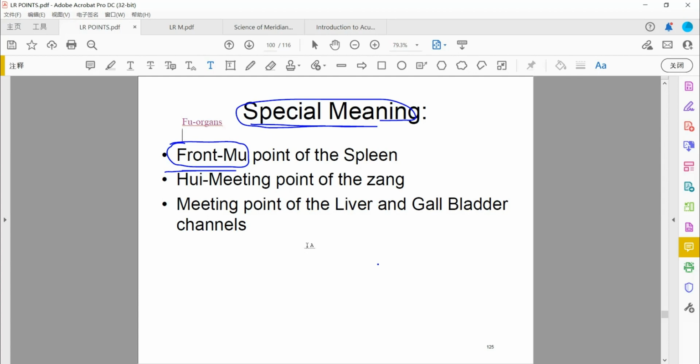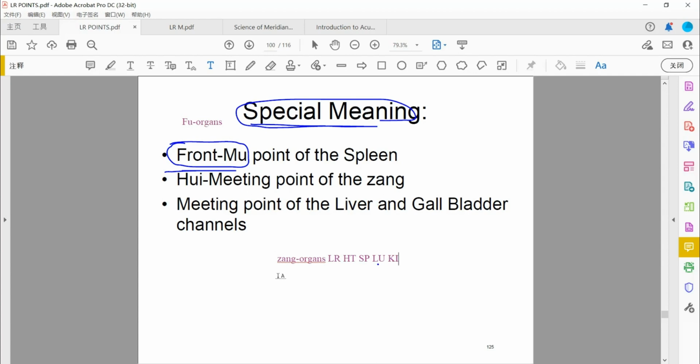Question: what are the zang organs? We have zang organs and we have fu organs. Zang organs, that's yin organs, like in the five elements: the liver, heart, spleen, lung, kidney. Right?